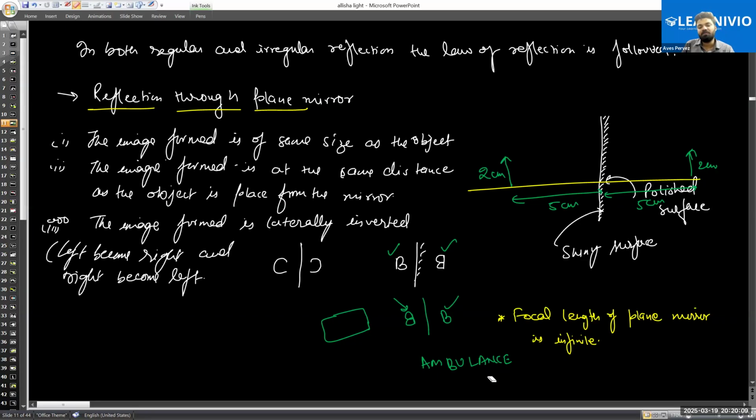If you see that "ambulance" is written on the front side of the ambulance, it is written laterally inverted, because when the driver looks into his rear view mirror, he can see the correct image of it. If it is already laterally inverted, the mirror will correct it to the original form.